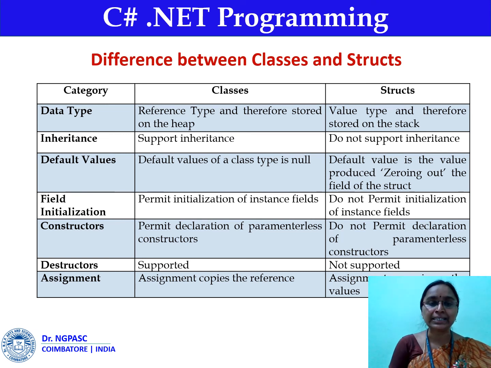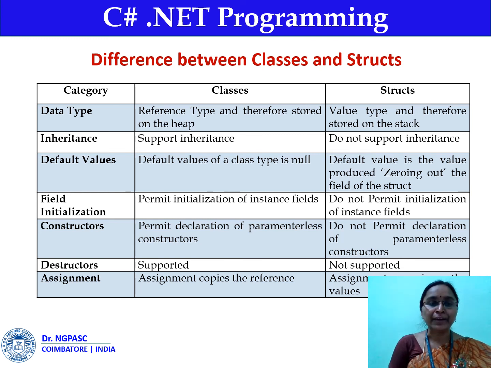From the inheritance point of view, the class supports inheritance, but the structure does not support inheritance. So this is the main difference. In terms of default value, the class type has null as the default value. The structure type has 0 as the default value.